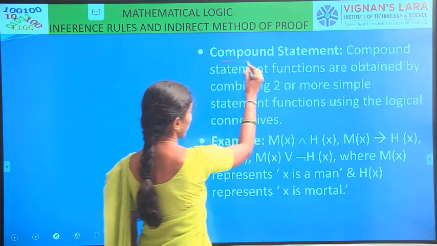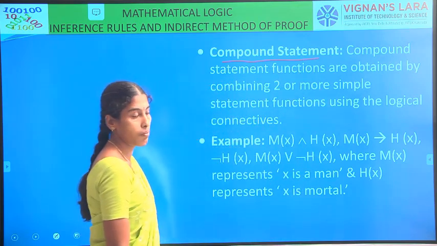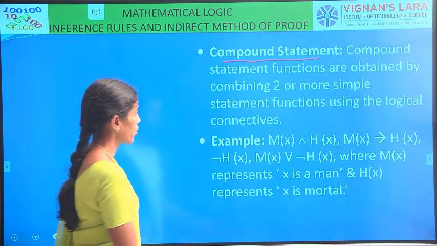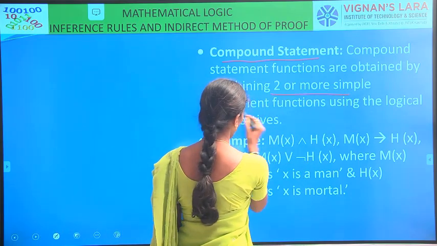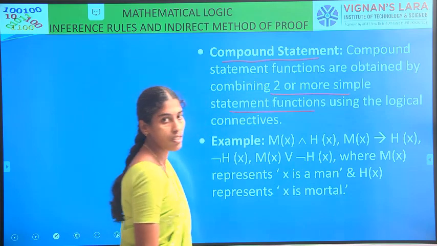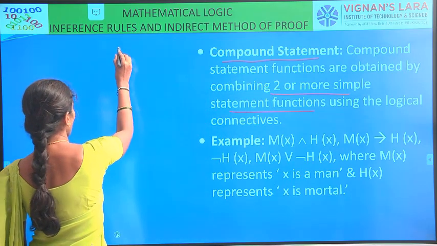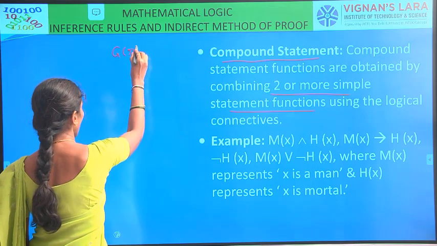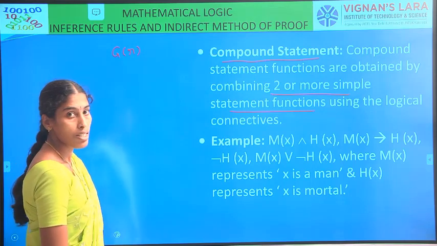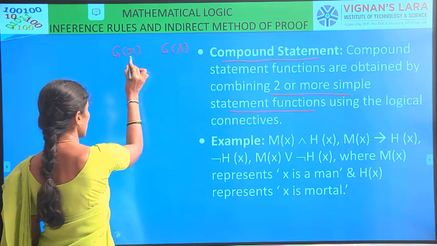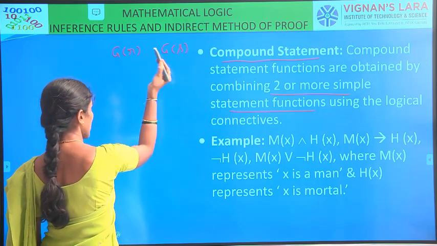Compound statement. How can we get the compound statement? Compound statement functions are obtained by combining two or more simple statement functions using the different logical connectives. Suppose in the previous example, G of r is a simple statement. Similarly, G of s. What is the meaning of this? Radha is a girl, Sita is a girl.